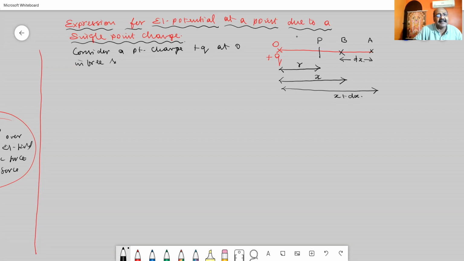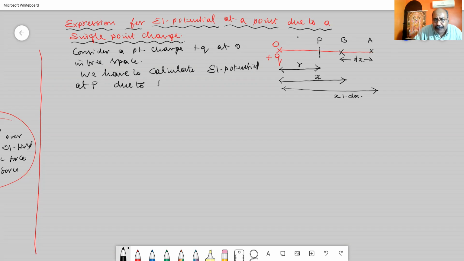We have to calculate the electric potential at the point P due to the charge plus Q kept at O. From the diagram, I can write OP is equal to R, similarly OB is equal to x, and OA is equal to x plus dx.